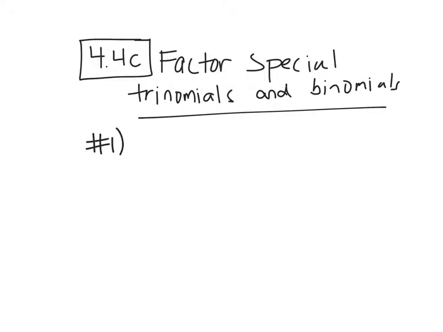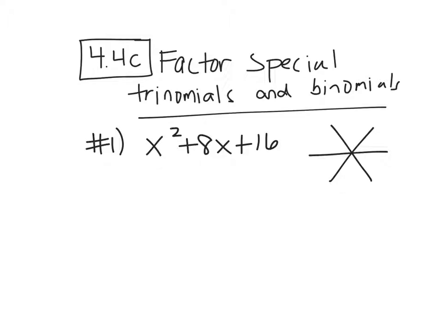Number 1, we're going to take this, x squared plus 8x plus 16. Okay? And that looks like a normal problem from last night, and it kind of is. But there's also a little thing that's special about this. So if you were to do star method, you would put 16 up top, 16 times 1, 8 on the bottom, 1 and 1.